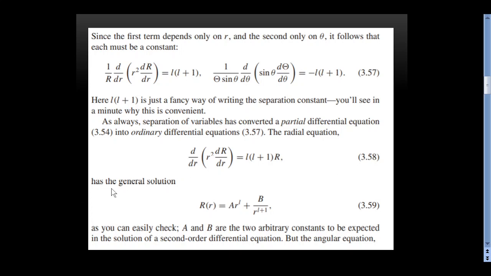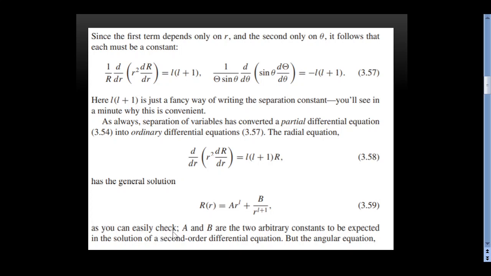And this has a most general solution, and that can be obtained. Capital R as a function of small r is capital A r raised to L plus capital B upon r raised to L plus 1. This way, we get the general solution of the radial equation. Here, you can see what A and B are. They are constants of integration. Naturally, they are generated when you integrate two times.